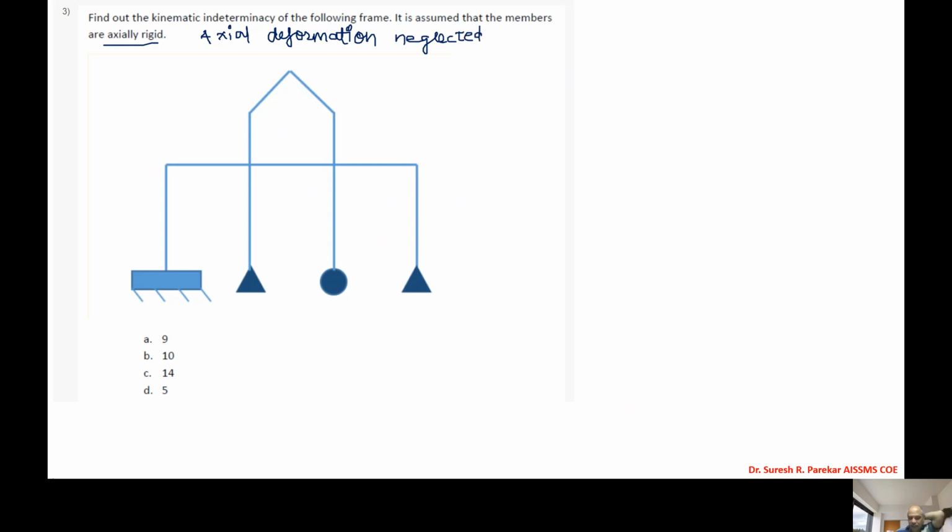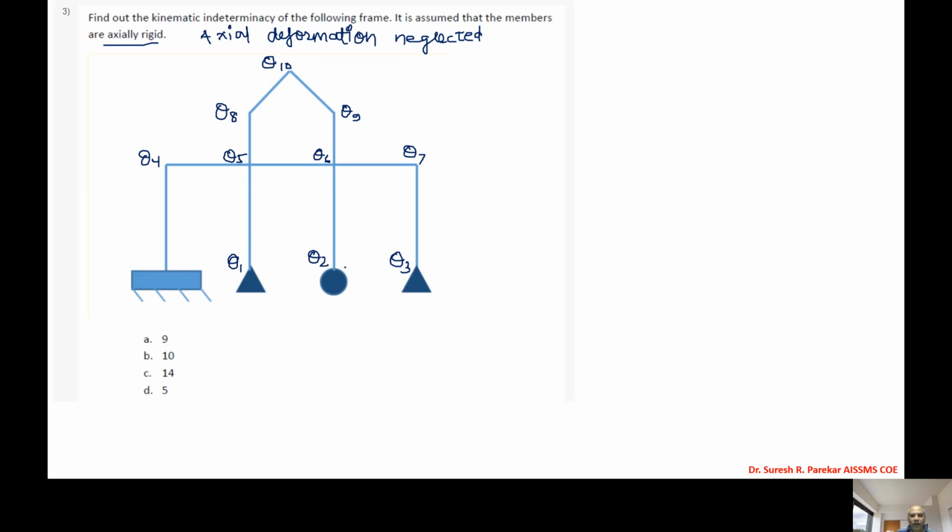Now as axial deformation is not there, we will go with theta and then delta. So this will be theta 1. Here we have theta 2. First we will mark all theta: theta 3, theta 4, theta 5, theta 6, 7, 8, 9, and we have theta 10.